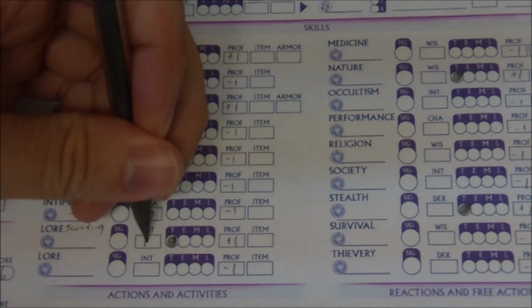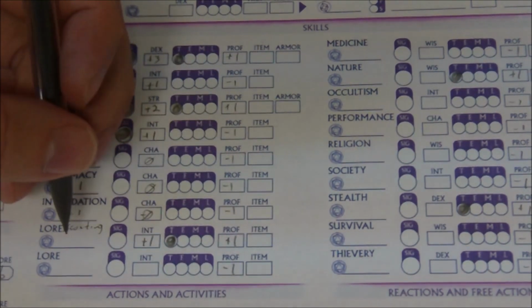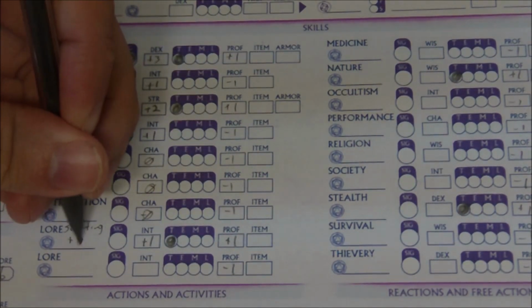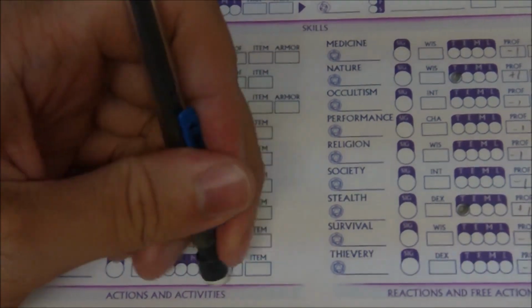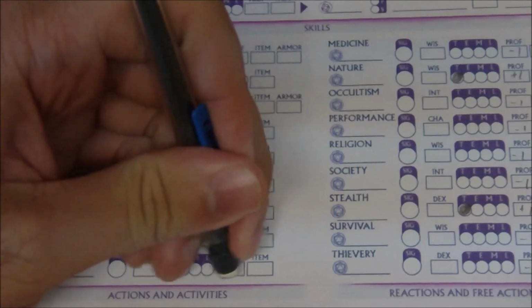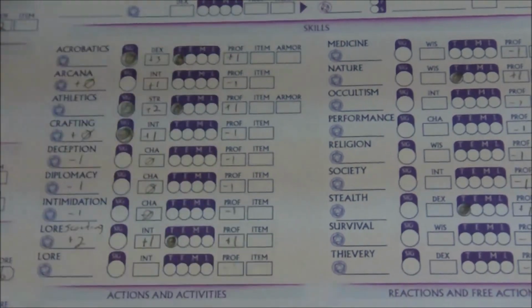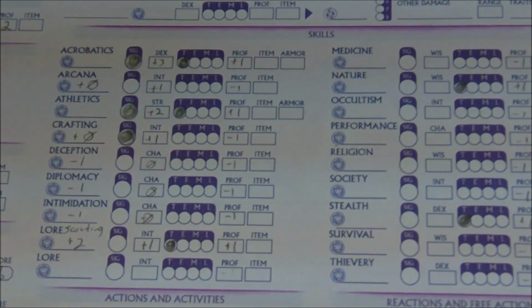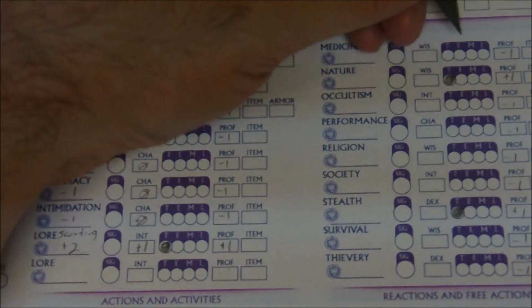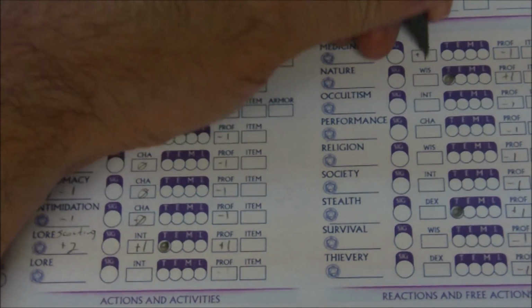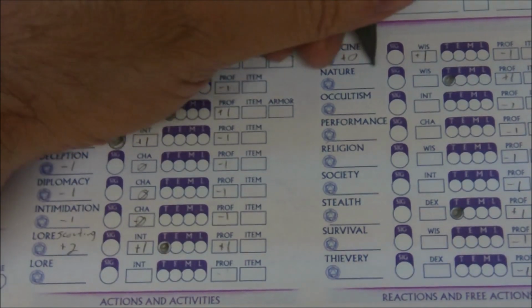Scouting is based on intelligence, so I get my intelligence modifier there, and +2 for that total. And other lores, I guess I didn't need to fill that in because I'm not going to take any other lore yet. Alright, medicine. So medicine I'm not trained in, but I get a +1 bonus for my wisdom, so that's at +0.